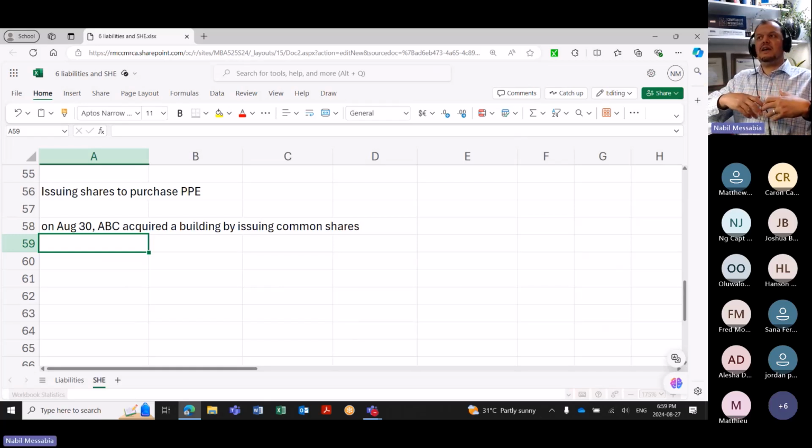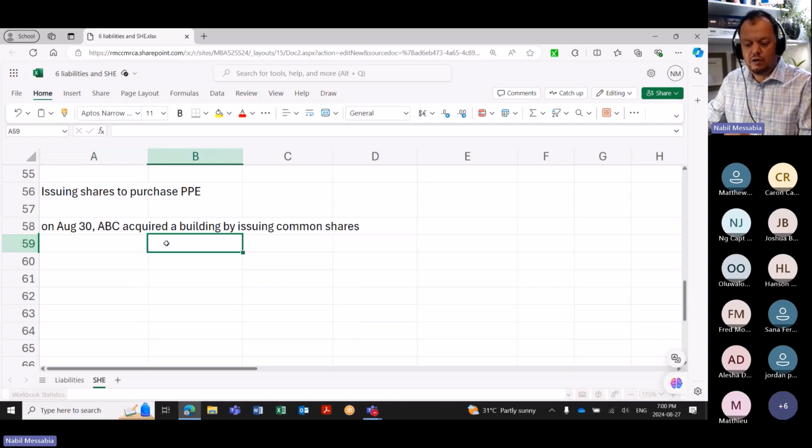If it was bought by a long-term liability, as you know, we have to put the present value of what we are going to pay. But this is issuance of common shares. We are never going to pay them back. They are not supposed to be paid back. So there's no present value, and they may have a listing price on the market which is different.